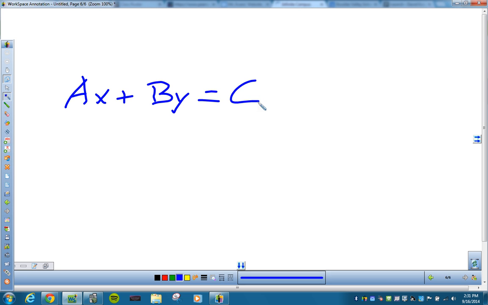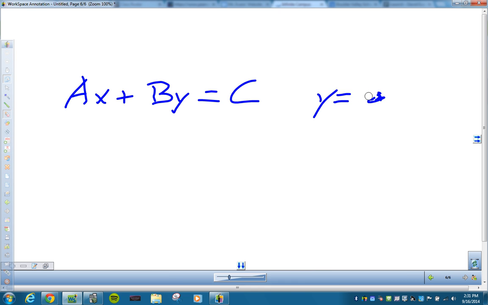What's slope-intercept? Anyone? Y equals mx plus b.